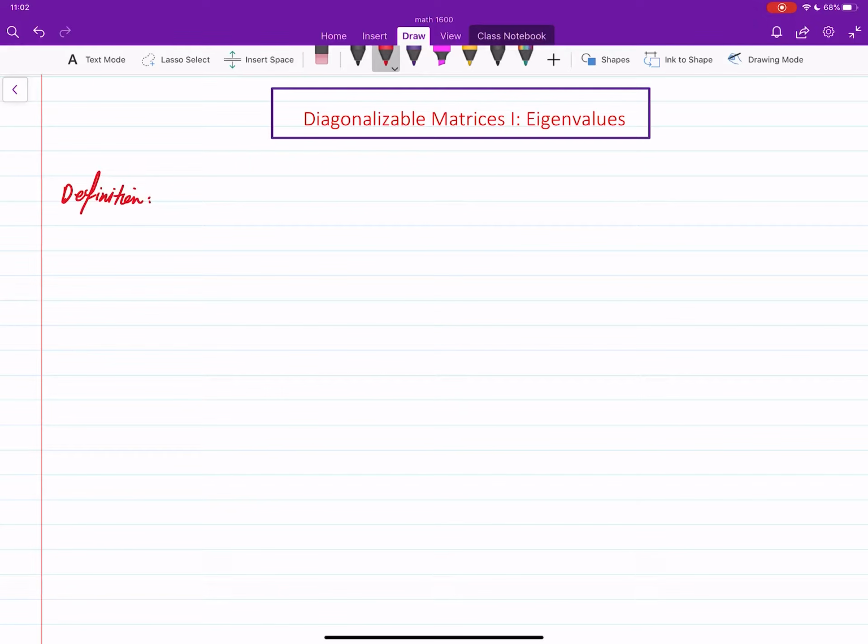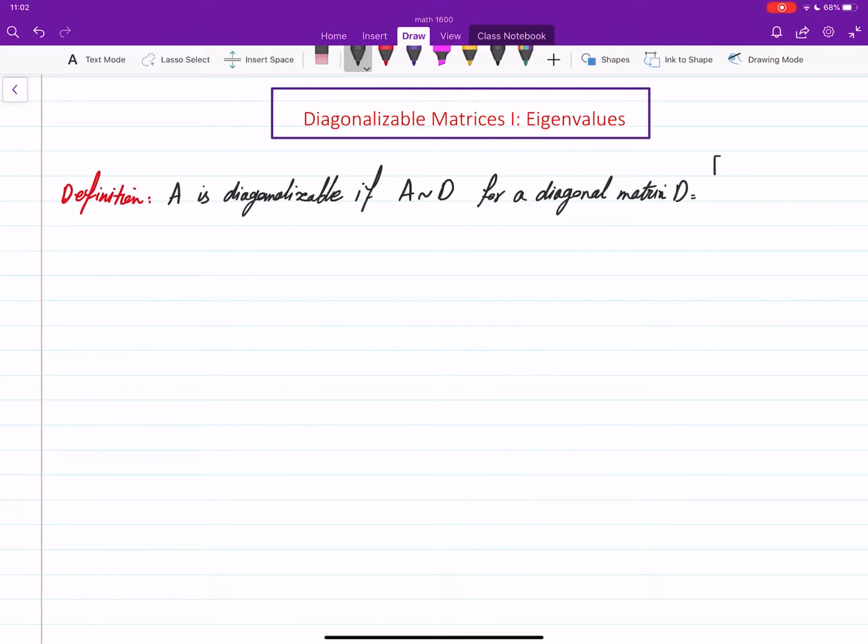A square matrix A is called diagonalizable if A is similar to a diagonal matrix D. Well, remember what is a diagonal matrix?